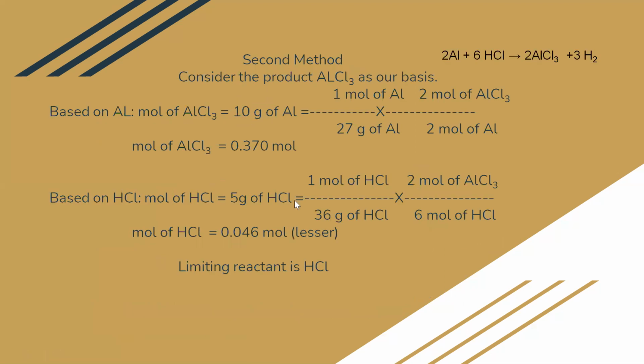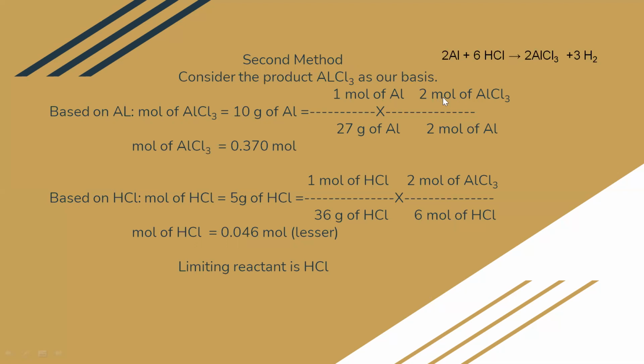The second method is to consider the product, aluminum chloride, as our basis. Based on aluminum, the moles of aluminum chloride is equal to 10 grams of aluminum, times 1 mole of aluminum over 27 grams of aluminum, which is the molar mass of aluminum.